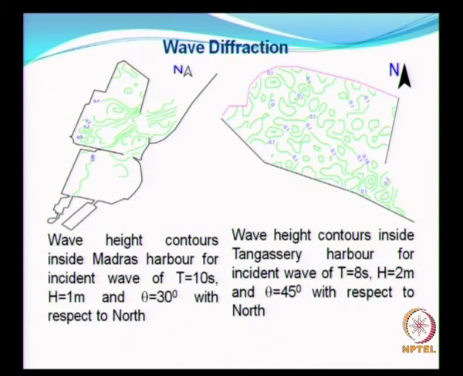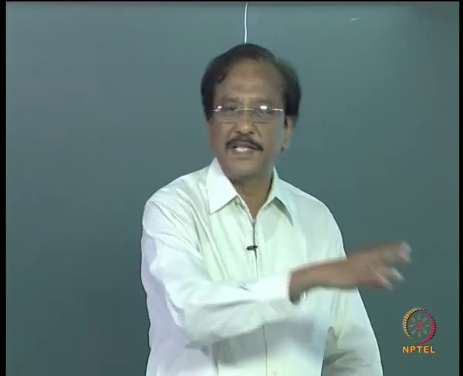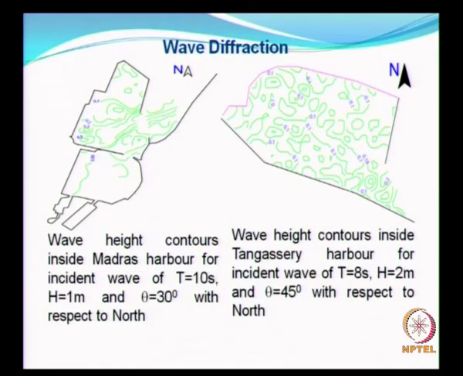That is, if you have a breakwater, if you have a harbor, you design the harbor for a given water depth. So I can always say it is a constant water depth, so I consider only diffraction. But for major harbors, there can be variations in the water depth, then you have to consider both the phenomena. Then the problem becomes more and more complicated, so you resort automatically to numerical models.